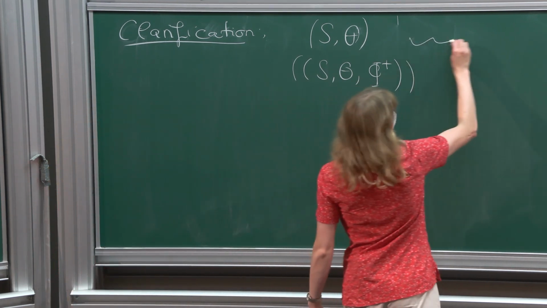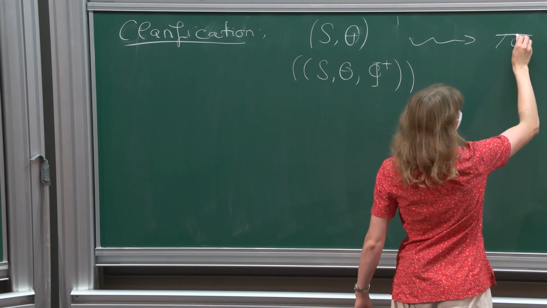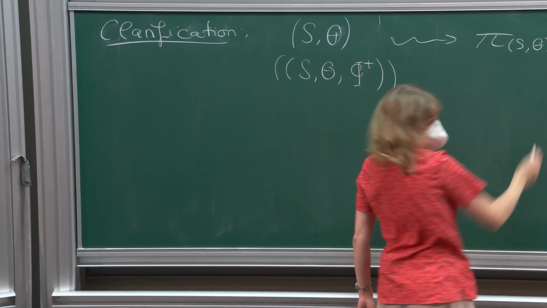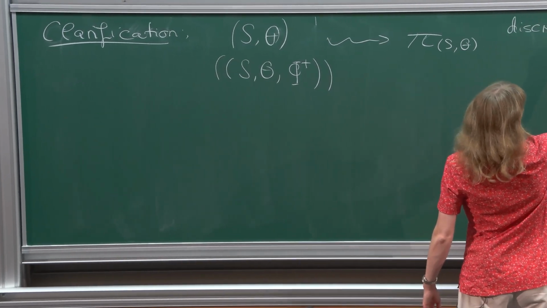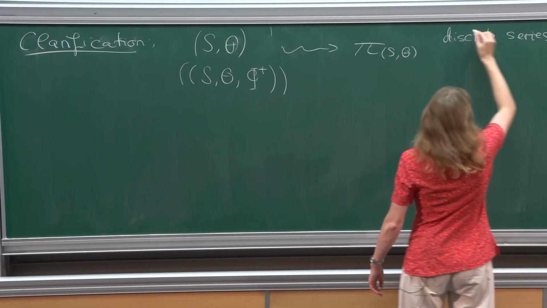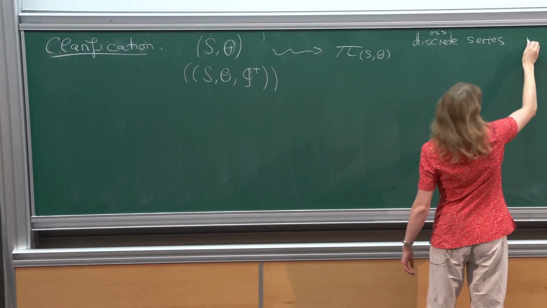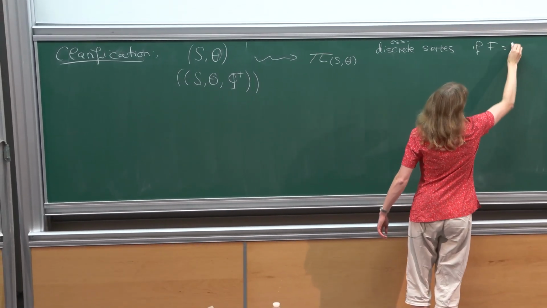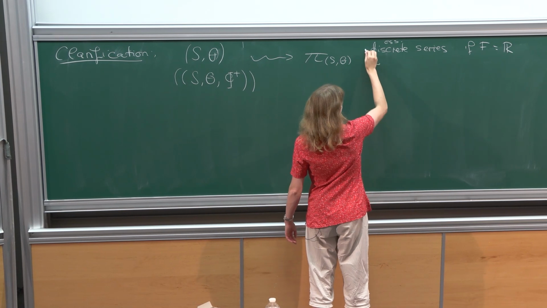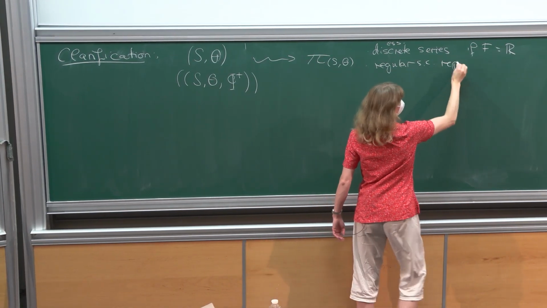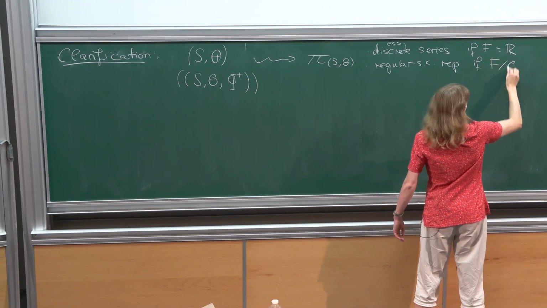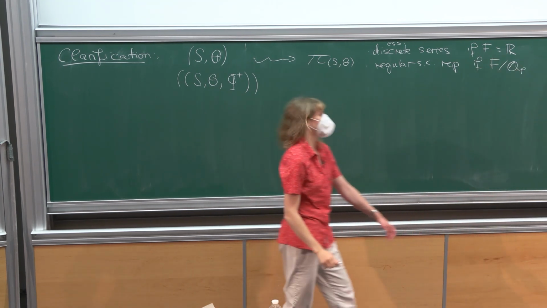But if we assume that theta is sufficiently regular, then this is automatically determined by the rest. And to that, we then attached a representation pi sub S theta, which was either a discrete series representation or essentially discrete series representation if the field was R, or it was a regular supercuspidal representation if the field was a finite extension of Q_p.